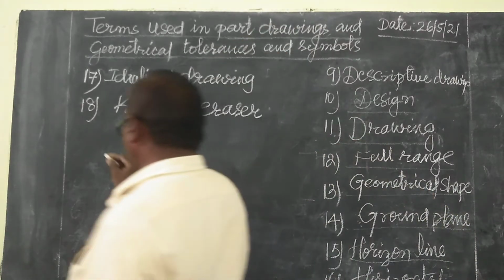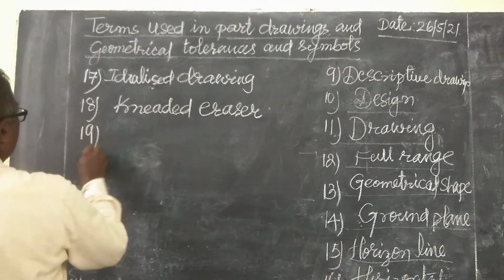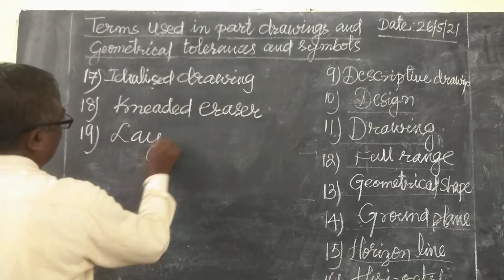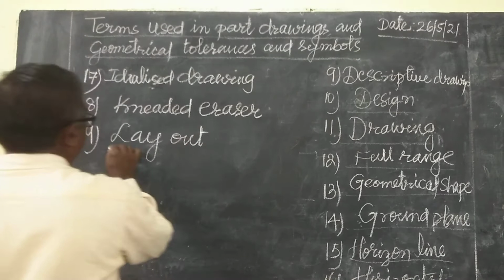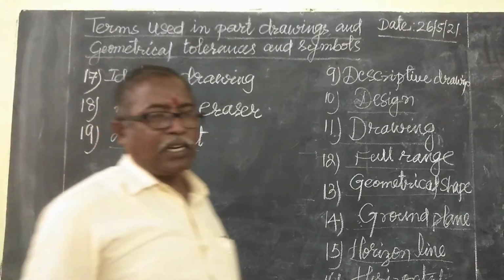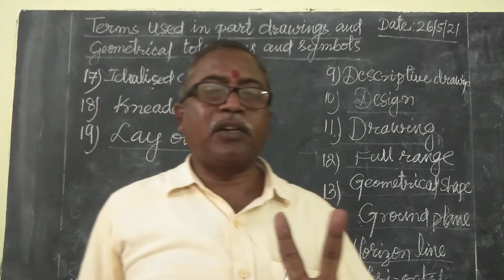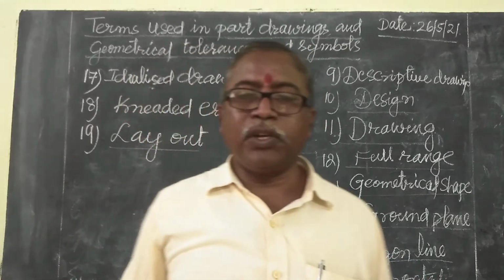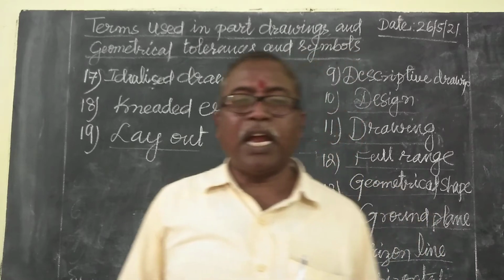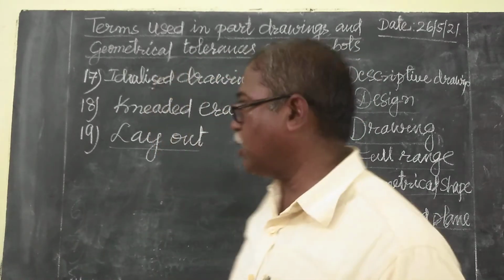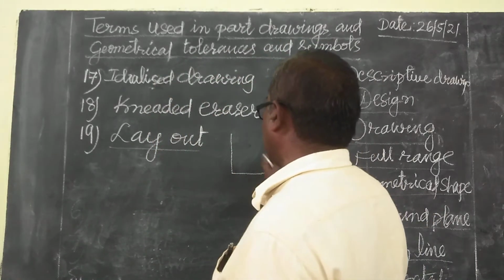Then 19, layout. So what is a layout? Already we learned about layout work. Layout work means there are two datum surfaces you are taking, from that side and this side. For example, the plane is here like this.